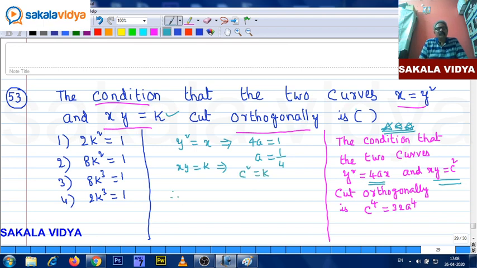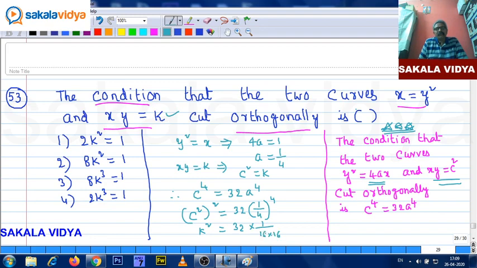Now, what is the condition? C power 4 is equal to 32a power 4. This can be rewritten c square whole square is 32 into a power 4, 1 by 4 power 4. Now c square is equal to k, you substitute, k square is equal to 32 into 1 by 4 power 4, 4 power 4 means 16 into 16.